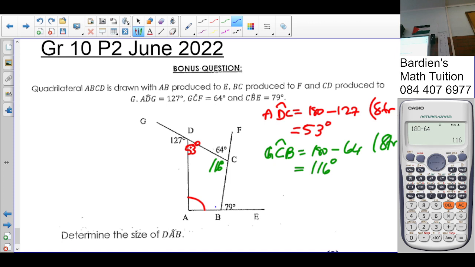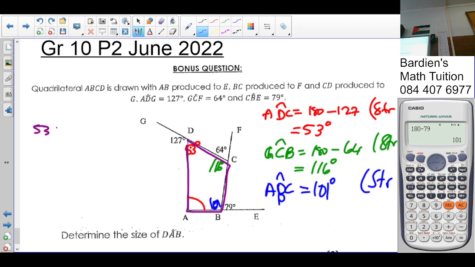Then we have this angle here, ABC. It's 180 minus 79, which gives you 101 degrees, again angles on a straight line. Now we know that angles in a quad add up to 360.